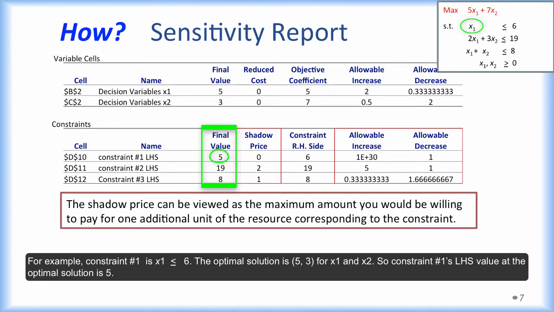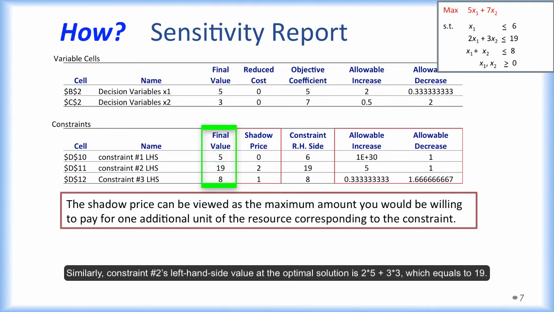So constraint number 1's left-hand side value at the optimal solution is 5. Similarly, constraint number 2's left-hand side value at the optimal solution is 2 times 5 plus 3 times 3, which is equal to 19. Constraint number 3's left-hand side value at the optimal solution is 5 plus 3, which equals 8.